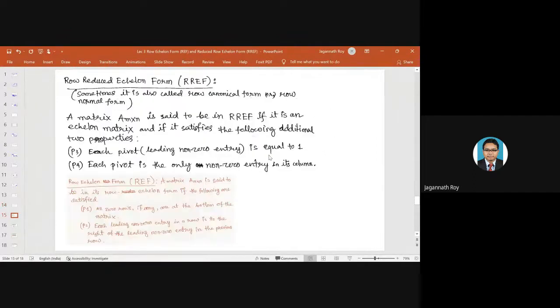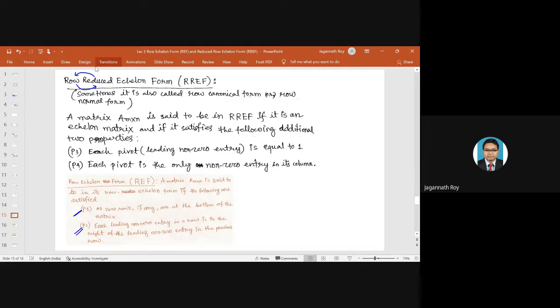Now there is another concept called reduced row echelon form, or sometimes row reduced echelon form; some authors write it differently, and the terms can be interchanged. Earlier we had only REF. Now we'll have RREF. What is RREF? It satisfies property 1 and property 2, together with 2 additional conditions.